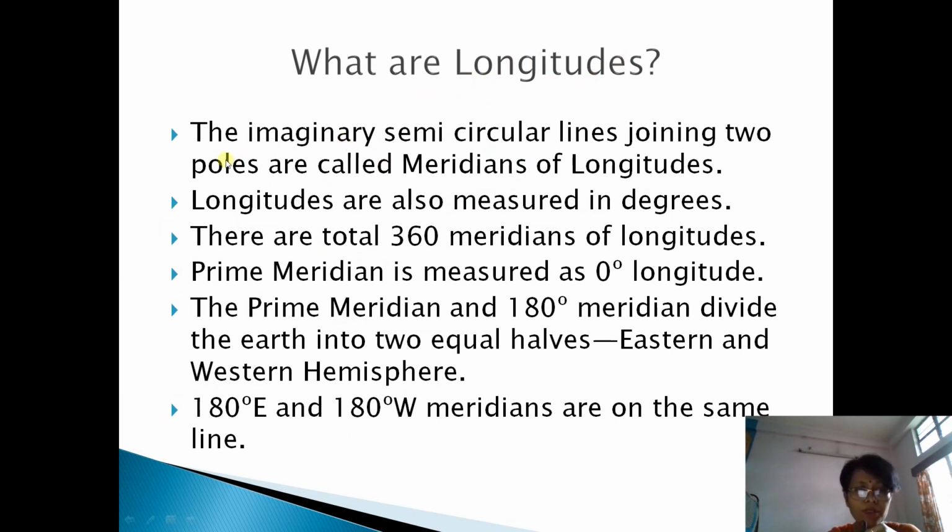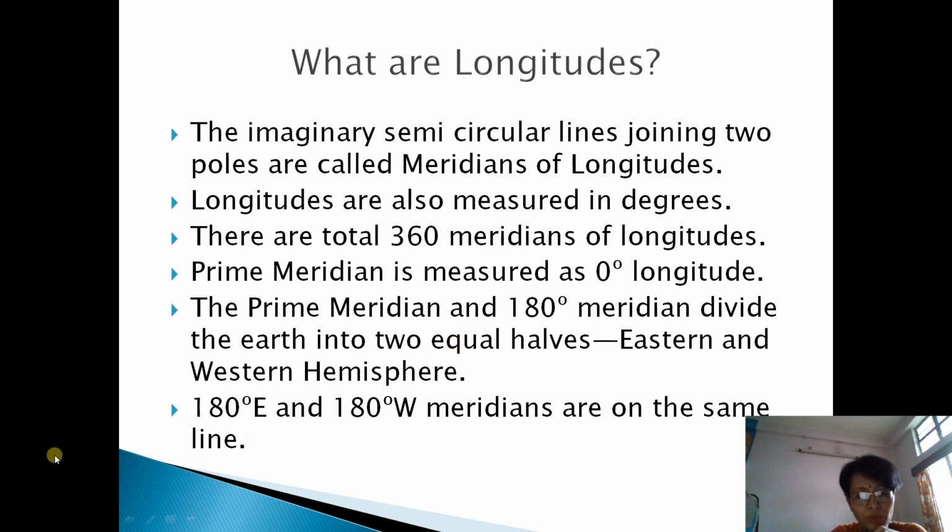Now come to longitudes. What are longitudes? The imaginary semicircular lines joining two poles are called meridians of longitude. These longitudes are also measured in degrees, and there are a total of 360 meridians of longitude. The prime meridian is measured as 0 degree longitude, and it passes through a place in London, Greenwich.